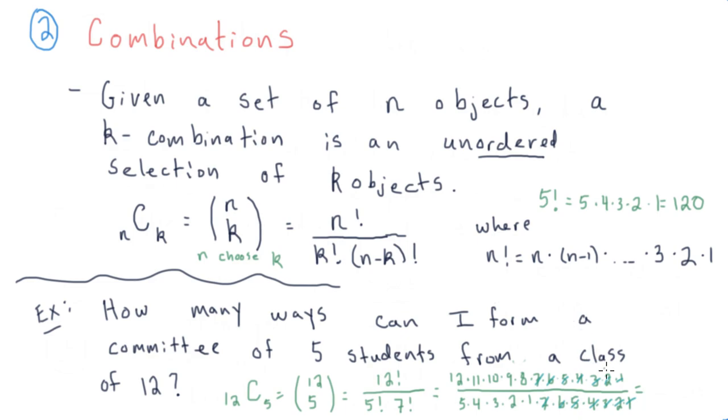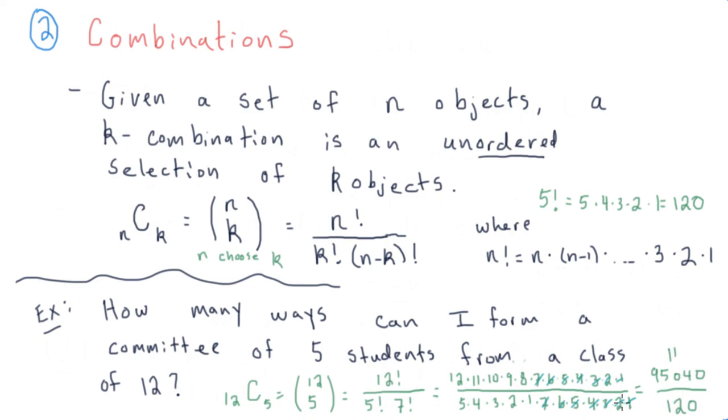And we get a more manageable number. So 95,040. And then 5 times 4 times 3 times 2 times 1 is 120. And it's sort of an amazing fact.